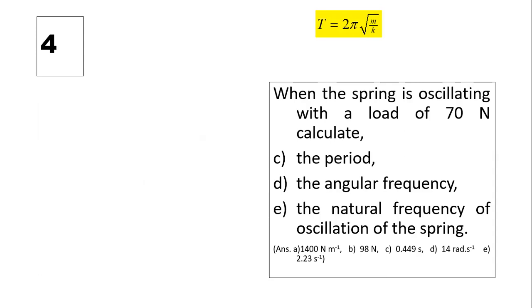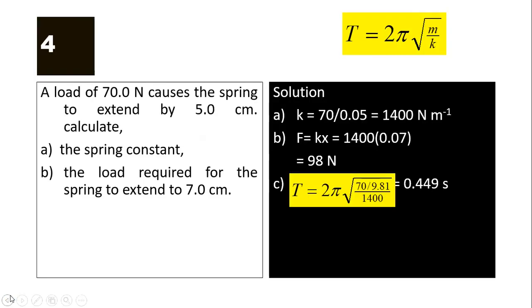I'll calculate for you already the period using this formula. You calculate your mass from 70. That's your load, 70 divided by 9.8 to get the mass.